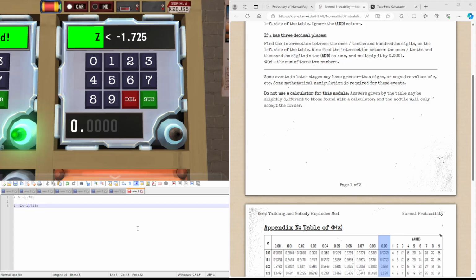And then for this part of it, z being less than that number is the same as it being greater than the positive version. Which then we got greater than again, so we take 1 minus the complement of that.